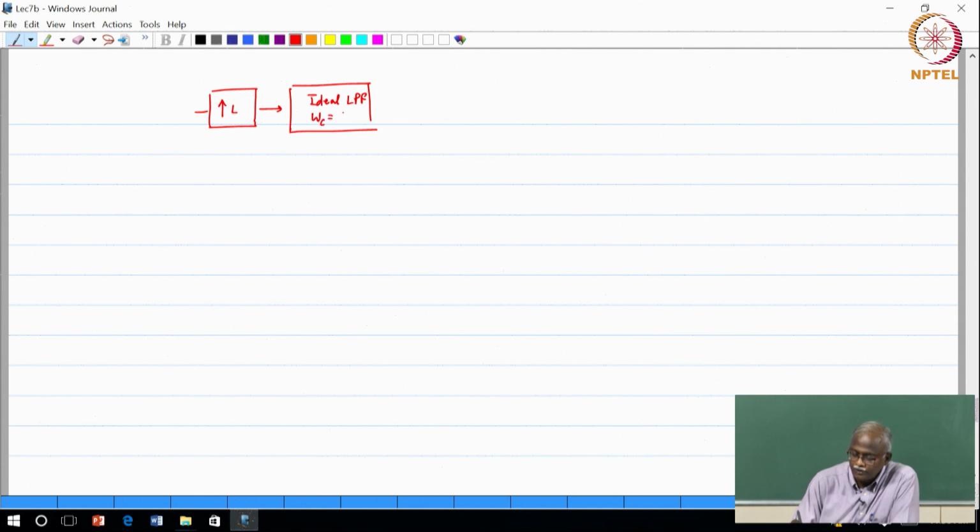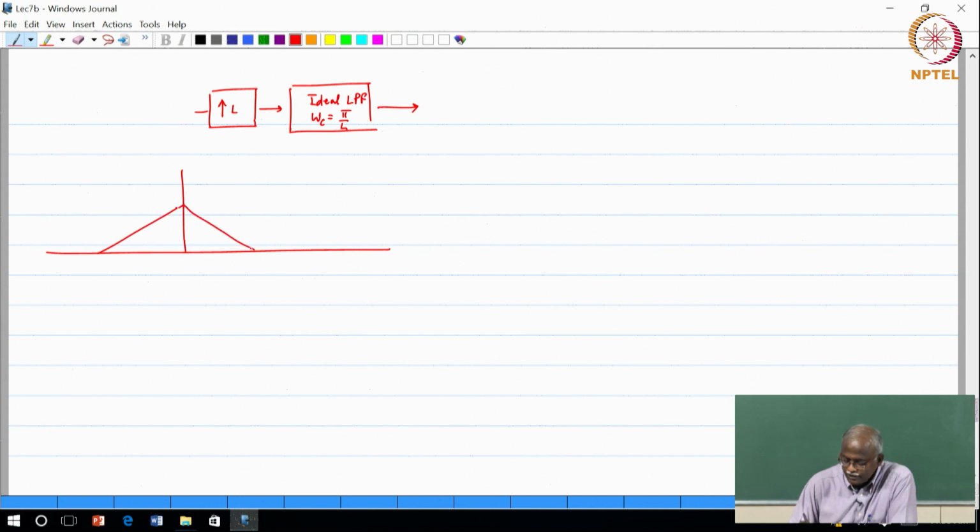The cutoff frequency is pi over L. If I do this, then what I would have achieved is, if the original spectrum had a representation of this kind, from minus pi to pi, with a period of 2 pi, that is, let us say, a Nyquist sampled signal.